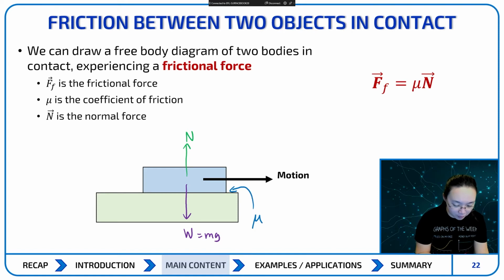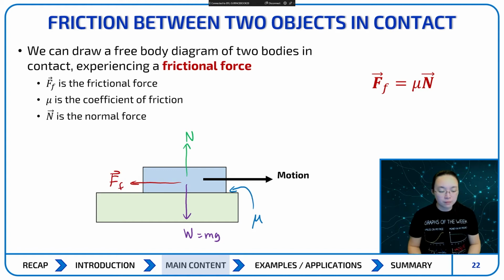And you will also have your friction force. So your friction force is going to go this way because it opposes the direction of motion. So that would be a proper free body diagram for that box, if friction exists.